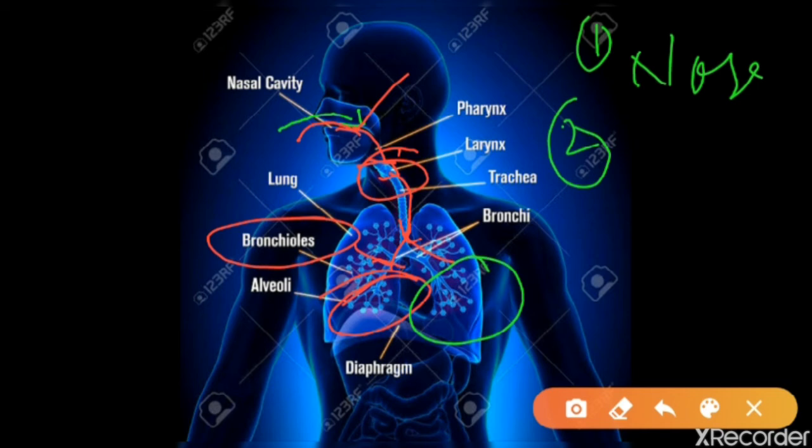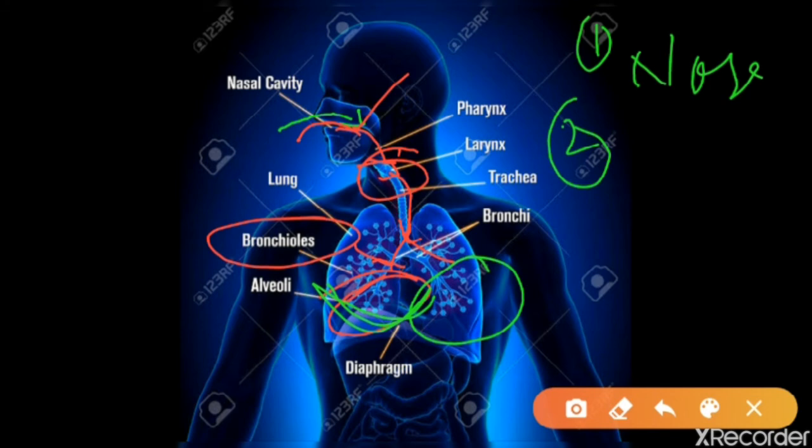So up to here the air comes. Now over here in the alveoli part, a lot of blood is present. Now blood has the hemoglobin. Now hemoglobin will catch the oxygen and carry it to each and every part of the cell.